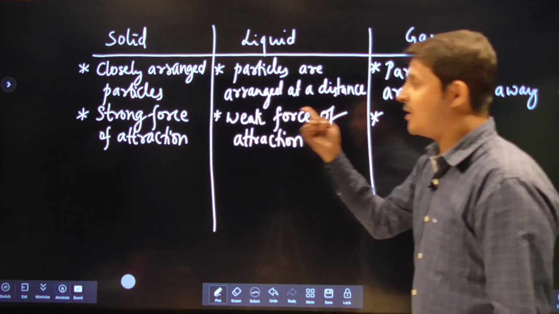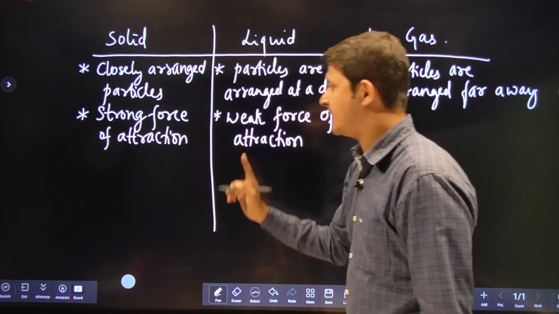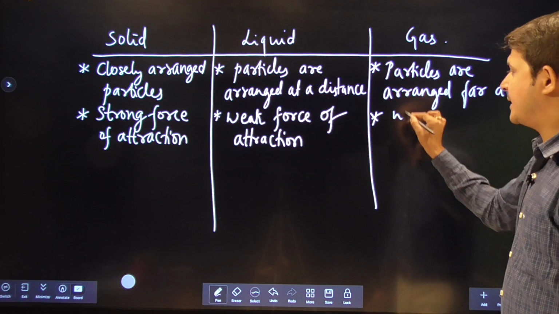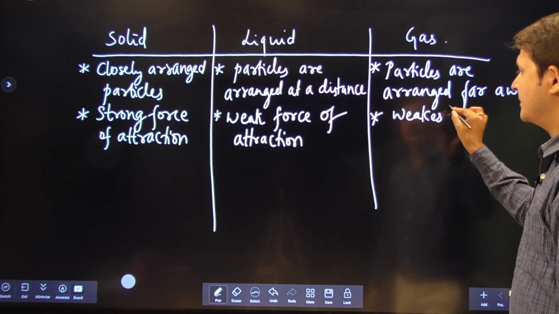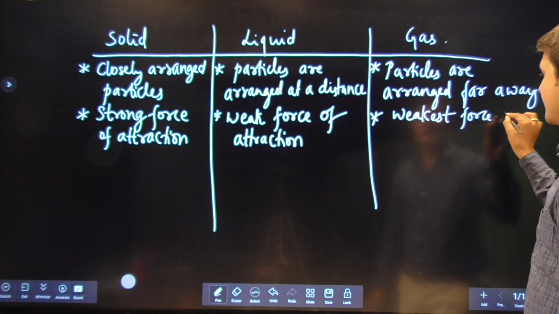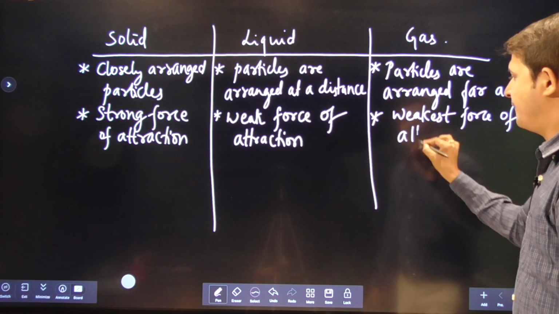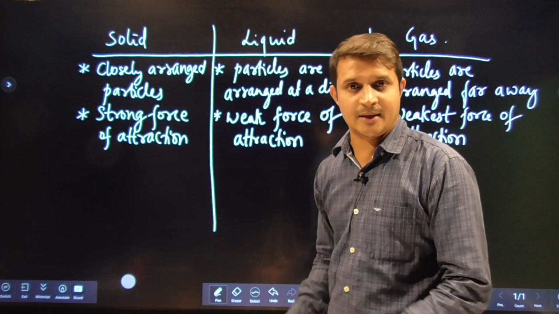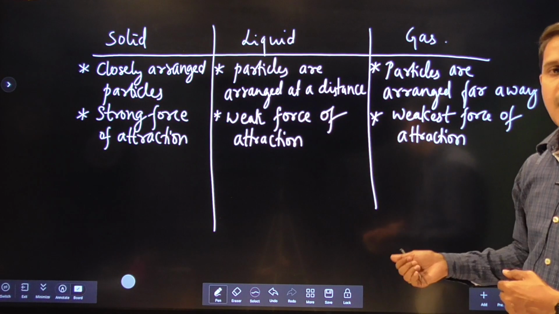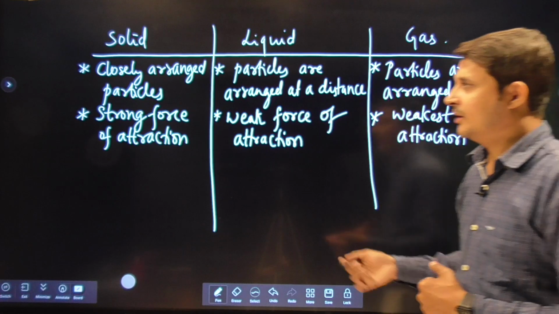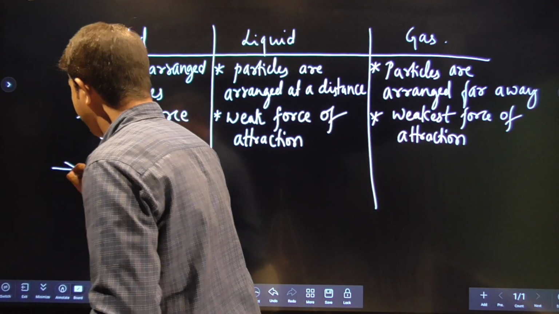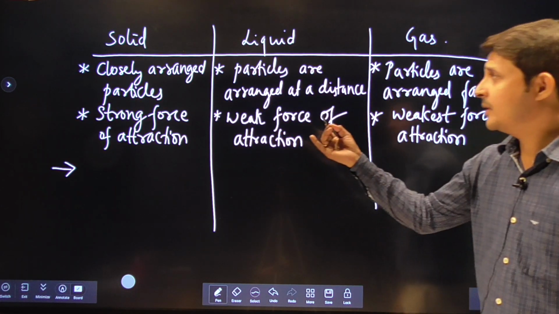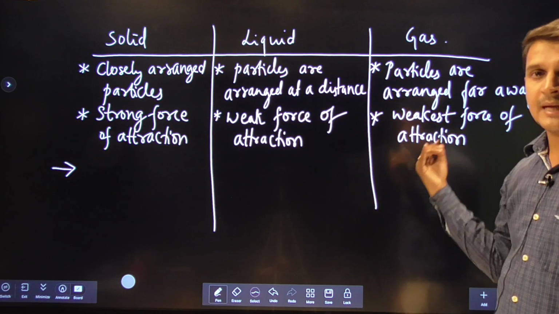So the weakest of them all. In solids, a strong force of attraction; in liquids, a weak force of attraction between the particles. Here, the weakest force of attraction. So due to the weakest force of attraction, the particles are very far. Due to this we find certain properties of solids which are different from liquids, which are different from gases.